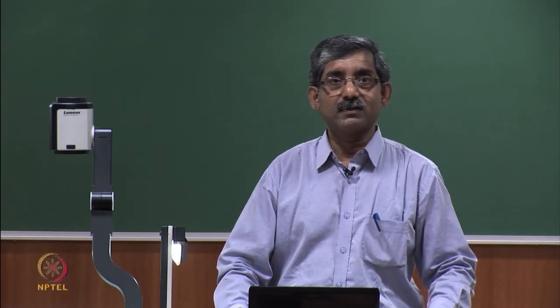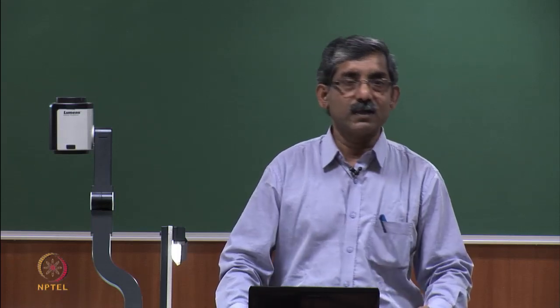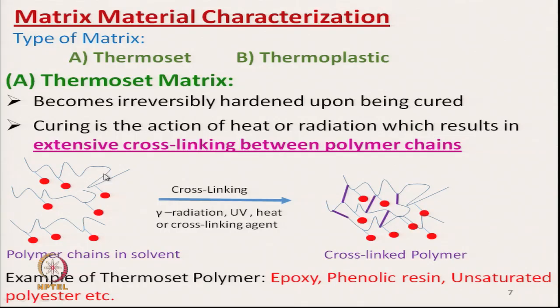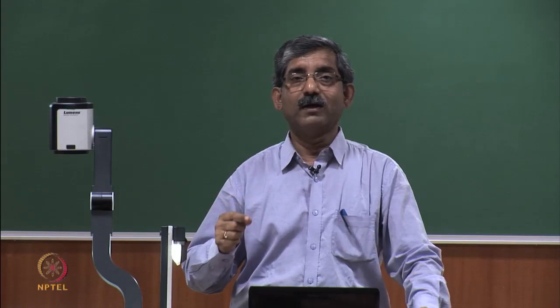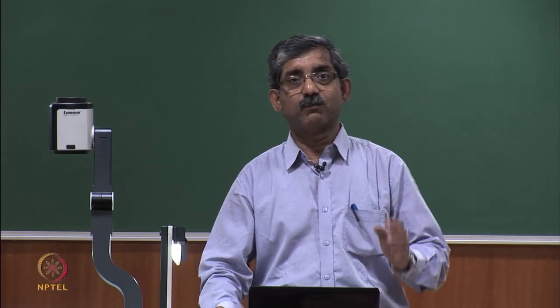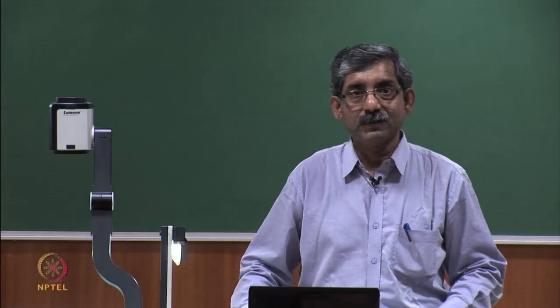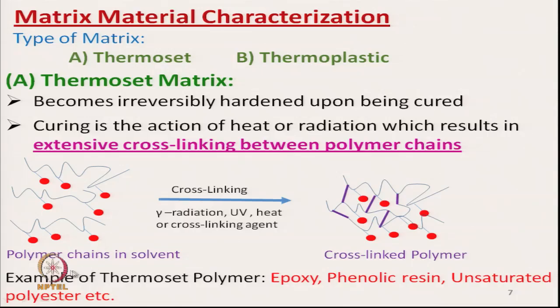Curing is the action of heat or radiation which results in extensive cross linking between the polymer chains. During application of heating or radiation, like UV radiation or gamma radiation, or simply heating, cross linking takes place. This diagram shows the polymer chains in a solvent.